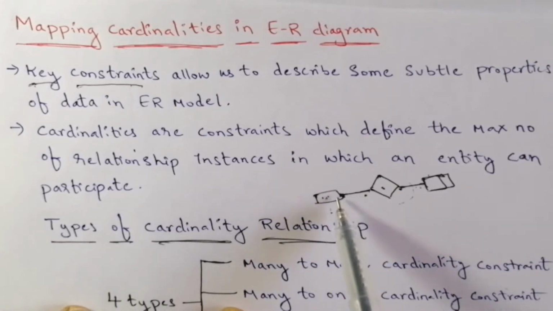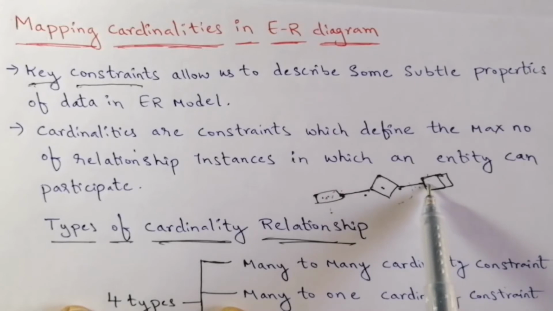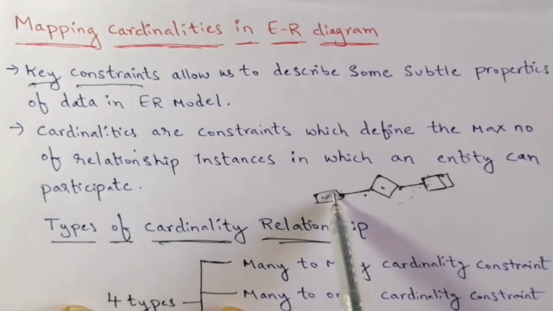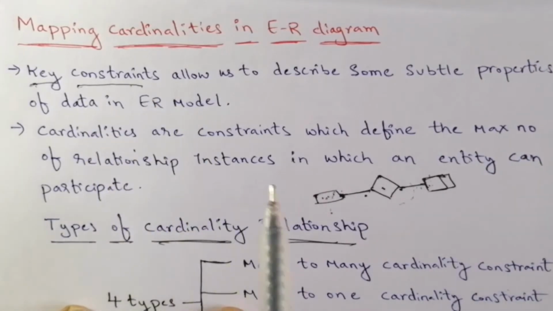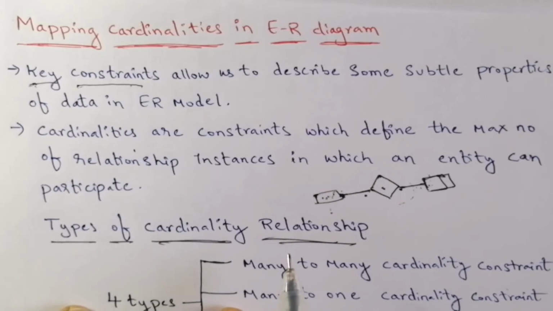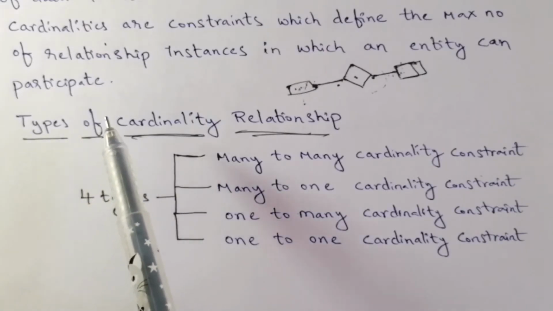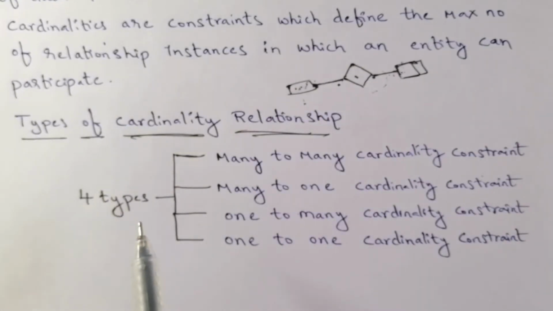So how they are going to have a relationship with the other entity, the relationship instances, is specified by the mapping cardinalities. You will get a better understanding when we go through the examples, right?